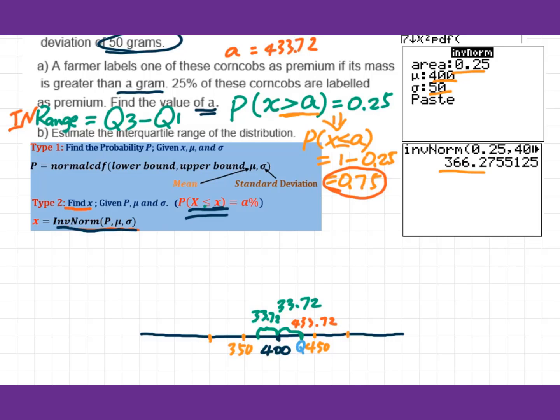This will be the third quartile, and this is the first quartile. Then we do subtraction. We just do 33.72 add 33.72. That will be 67.44.